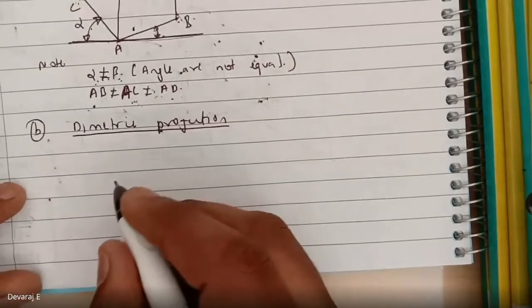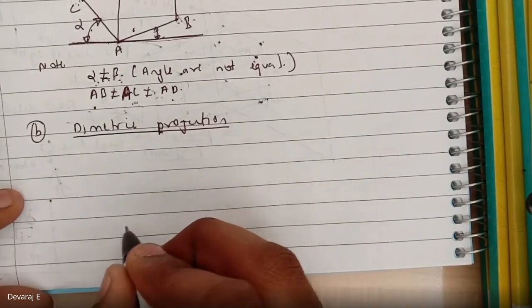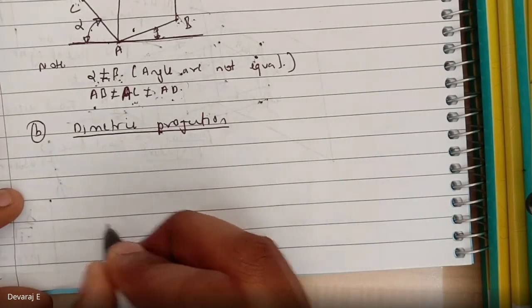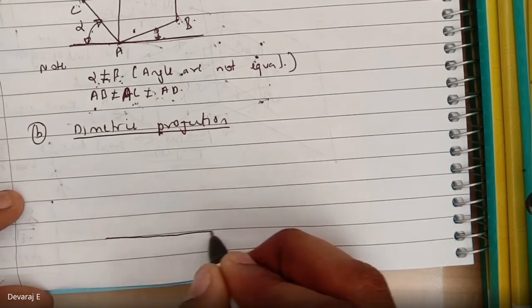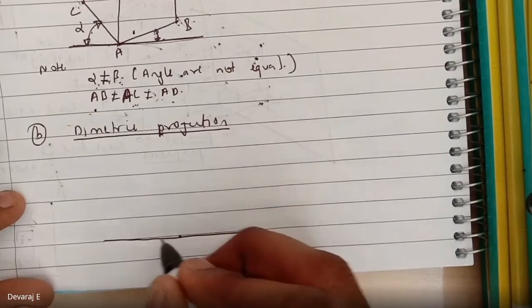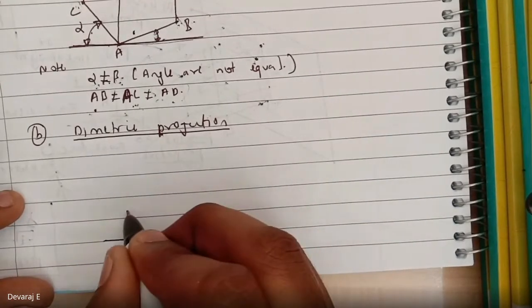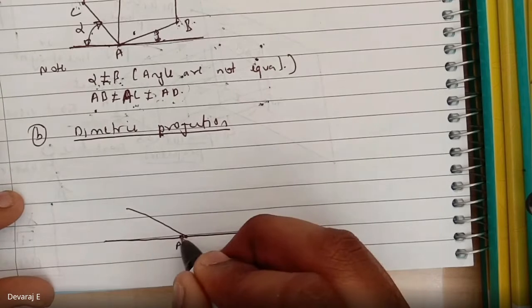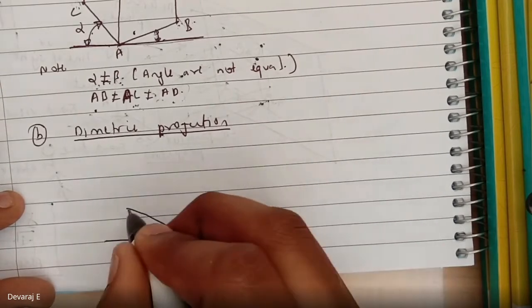So write down next. Next we will go for the dimetric. So this is a reference line.